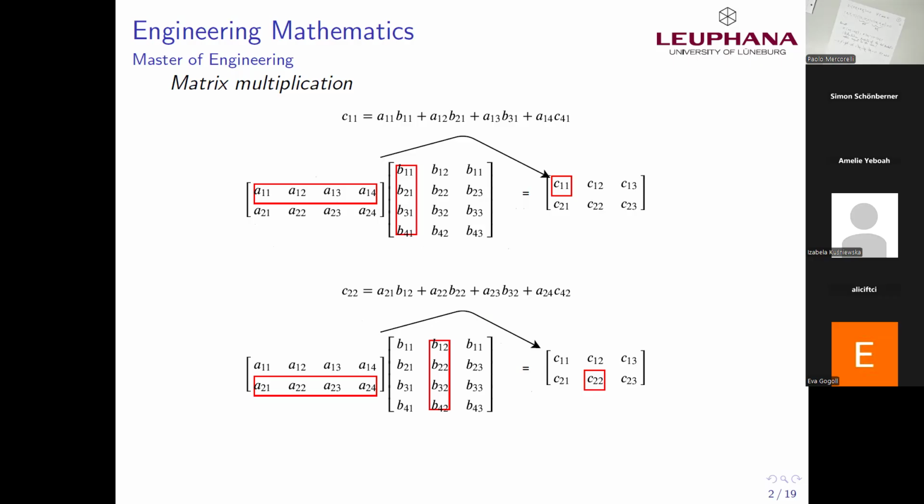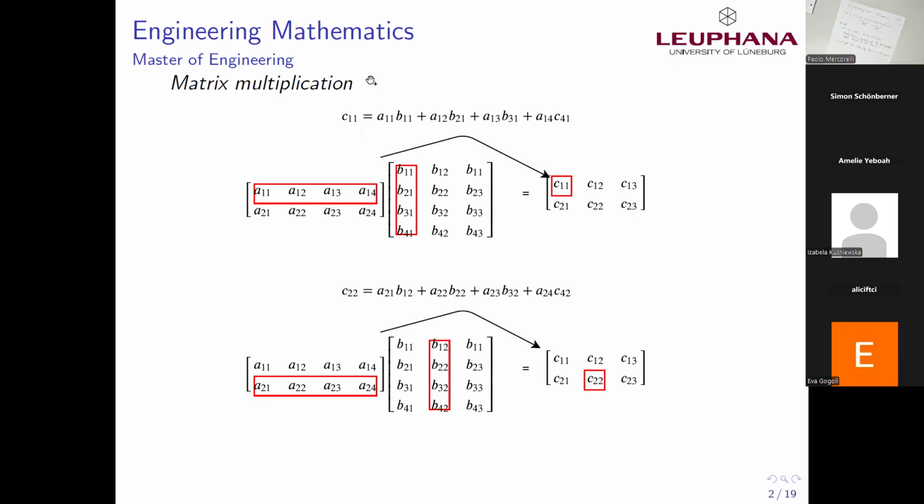If you remember the definition of the dot product, I don't need to clarify much, because C11 means the dot product between the first row of matrix A and the first column of matrix B. We say product row by column in accordance with this definition. It's a definition, of course. If I define it a different way, I have a different solution. But of course, the sense of this definition is that with it, we can explain many things.